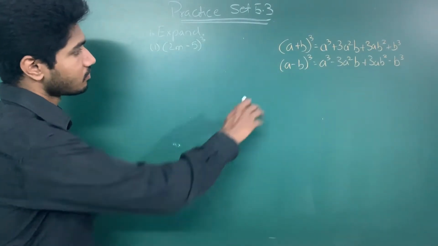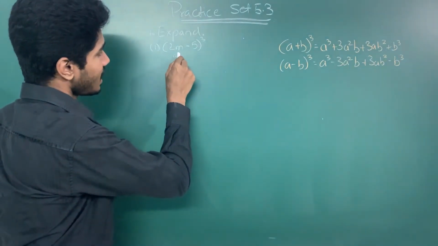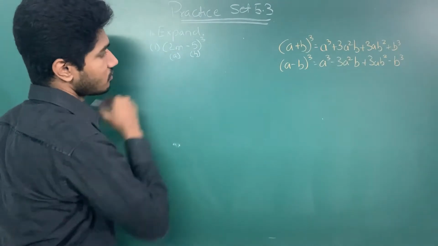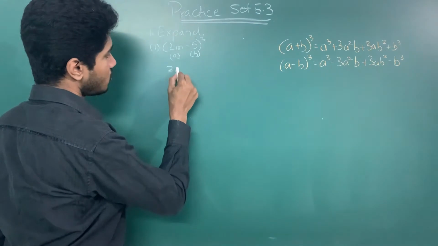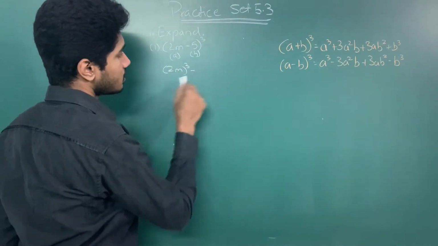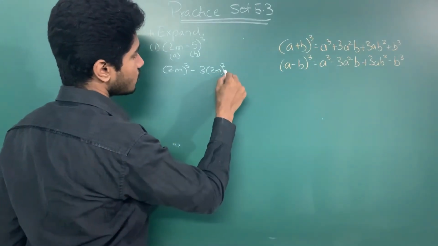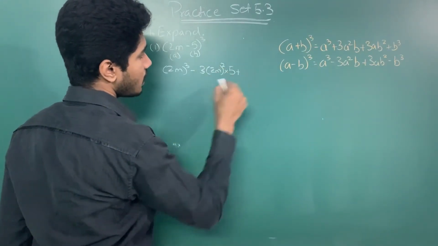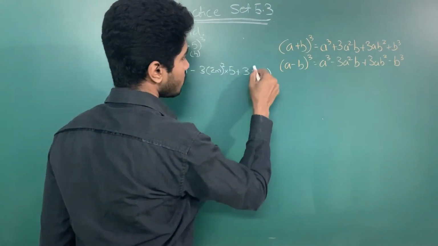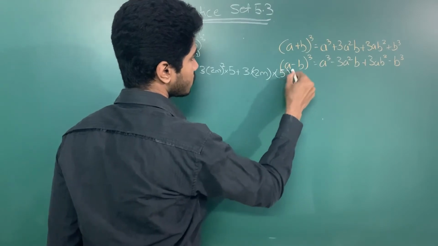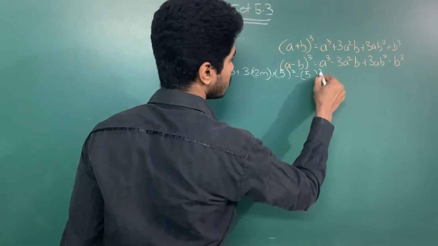Expand. Let's see. (2m minus 5) the whole cube. So यहाँ पे 2m is a and b is 5. So I'll apply the formula: a cube, that is (2m) cube, minus 3 into (2m) the whole square into 5, plus 3 into 2m into 5 the whole square, then minus 5 the whole cube.